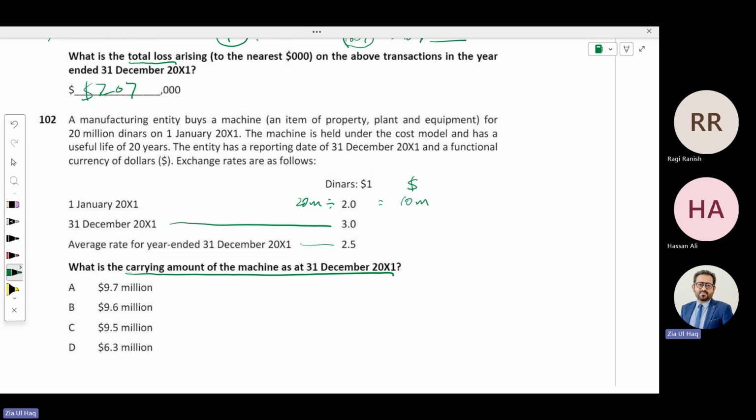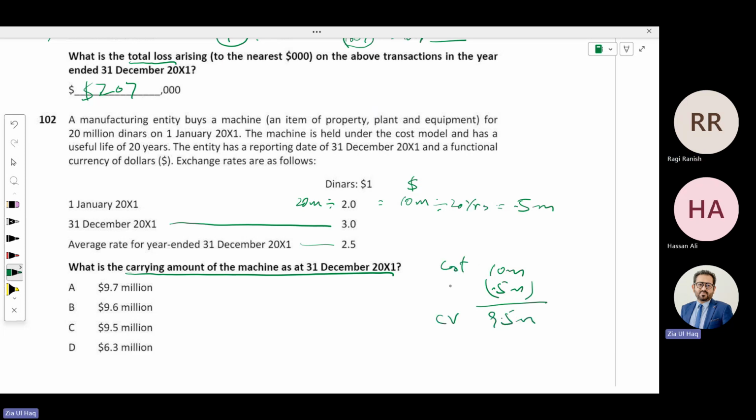Average rate is 2.5. But this is a non-monetary item. We do not retranslate using the closing rate. So it will remain the same. And depreciation for one year will be 0.5 million. So 10 million less 0.5 million depreciation gives a carrying value of 9.5 million.